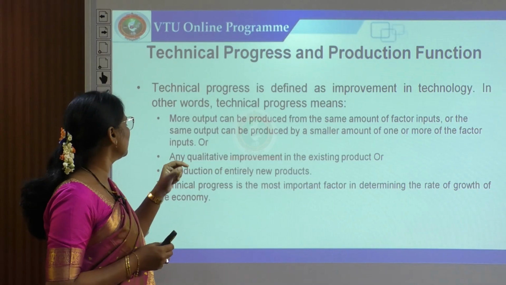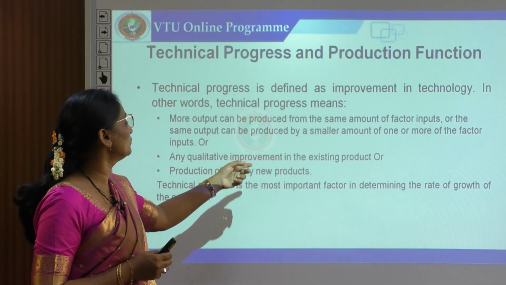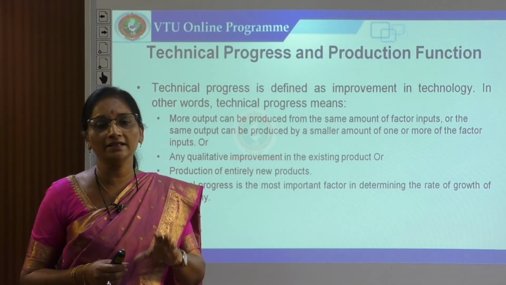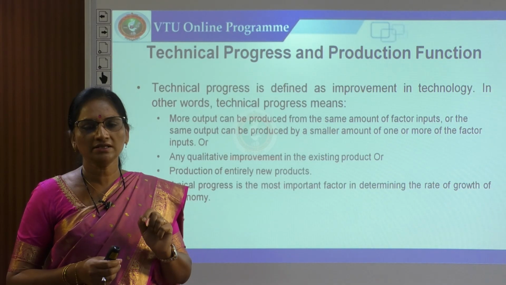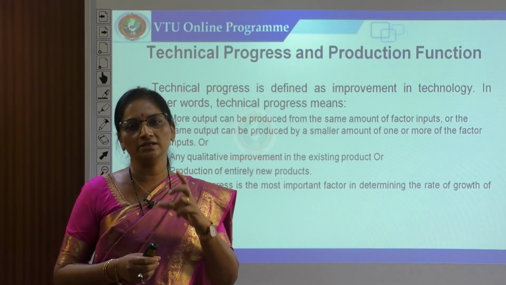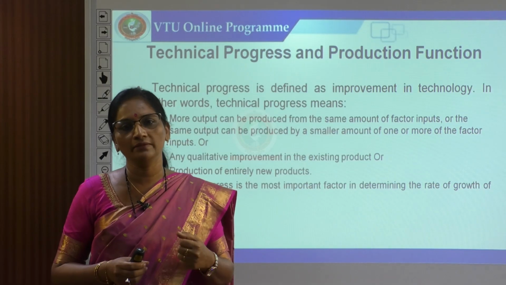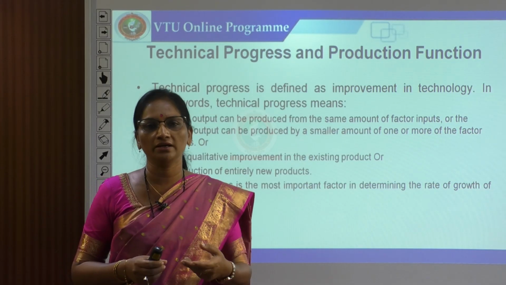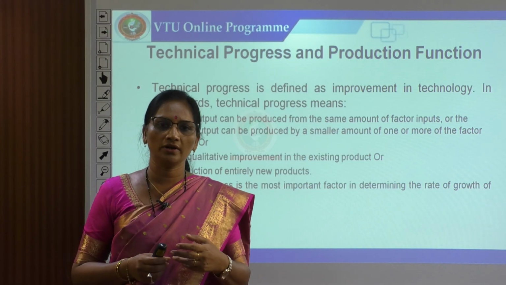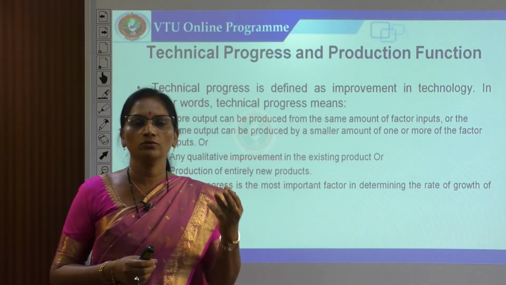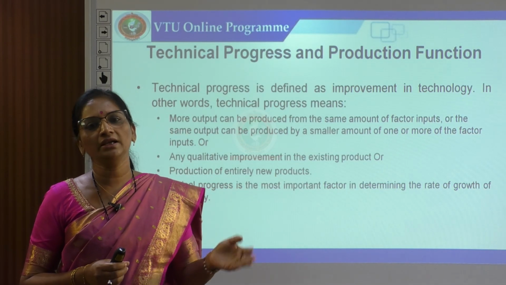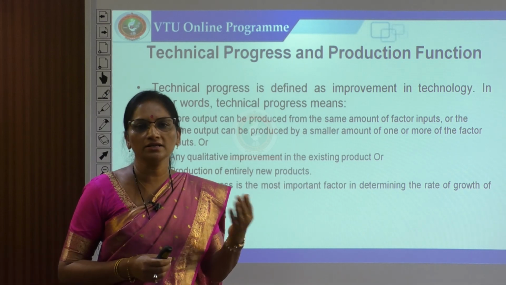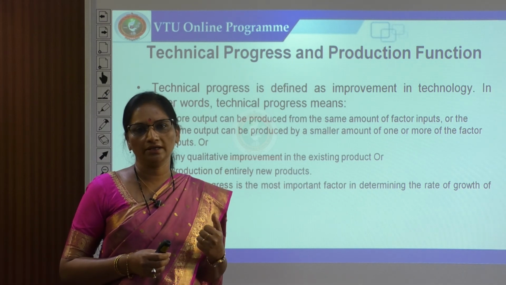The second is any qualitative improvement added to the product. Due to technology, smoothness can be seen, quality can be enhanced, and features can be improved, especially in techno-oriented products like cars and home appliances. Every year upgradation can be seen in the technology.